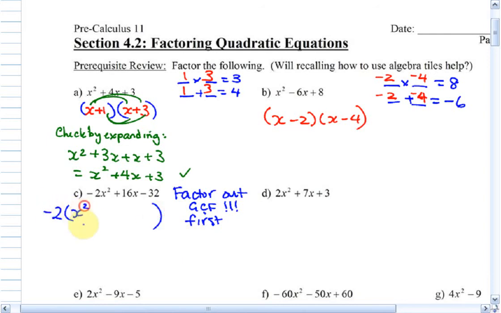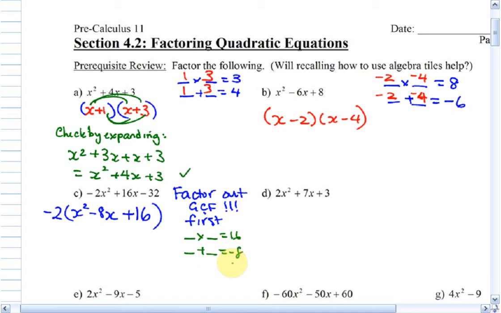We'll have x squared that's left over. And then 16 divided by negative 2 is? Negative 8, thank you, Sophia. And then negative 32 divided by negative 2 is positive 16. Okay? And then now once you get this trinomial, we want to do the same thing as before. Think about now two numbers that multiply to 16, and those same two numbers add to negative 8.